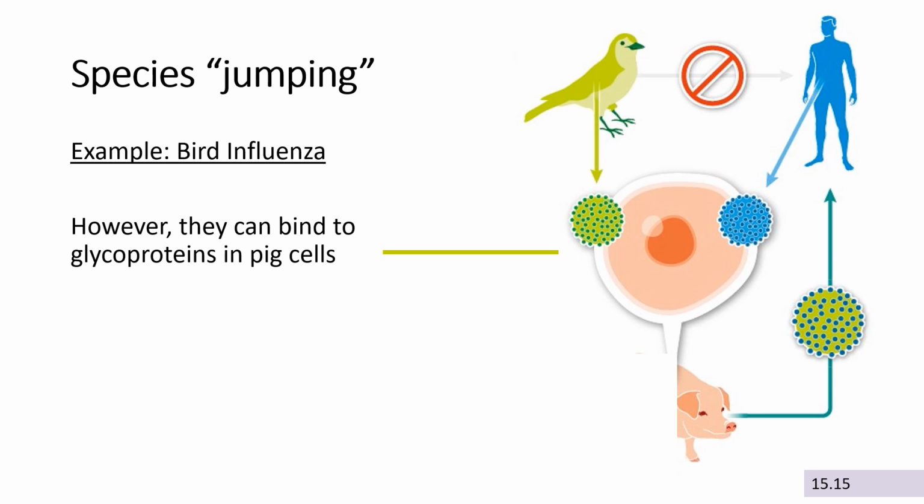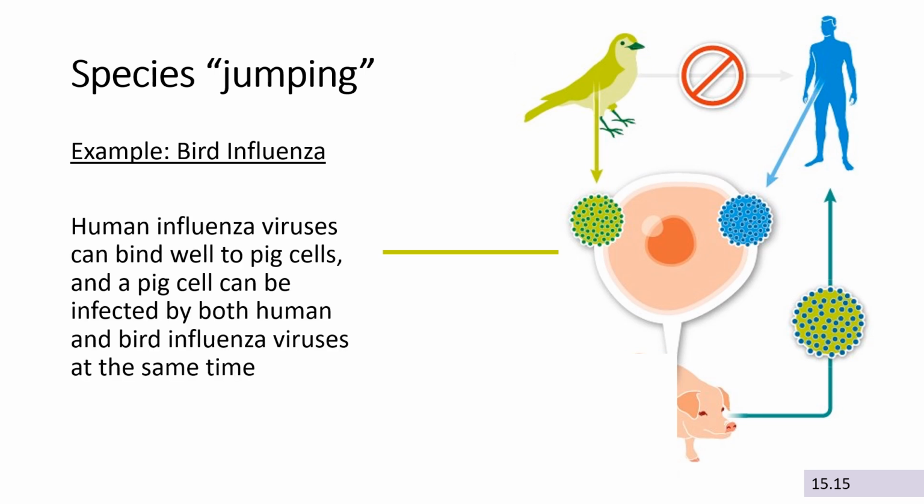However, those glycoproteins do bind to the receptors on pig cells. Human influenza viruses also bind well to pig cells. So a pig cell can be infected with either a bird influenza virus, a human influenza virus, or both at the same time.